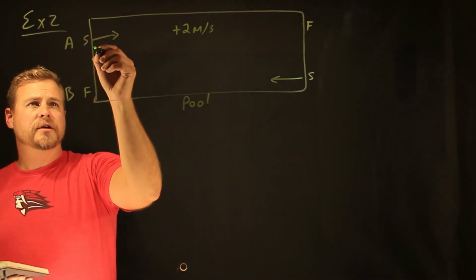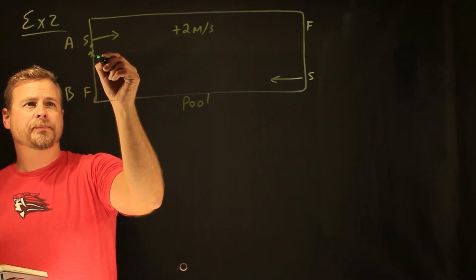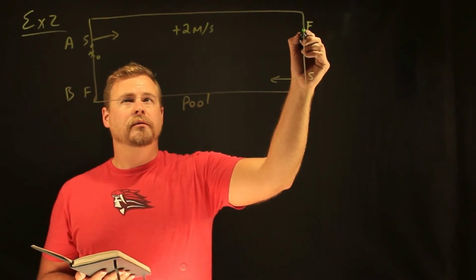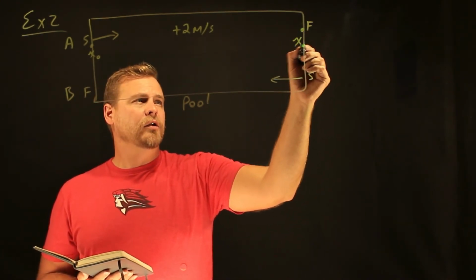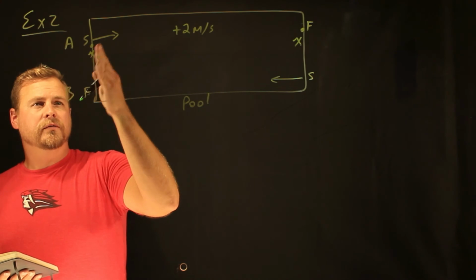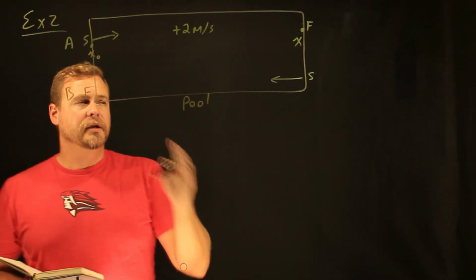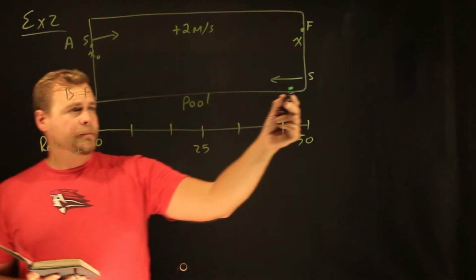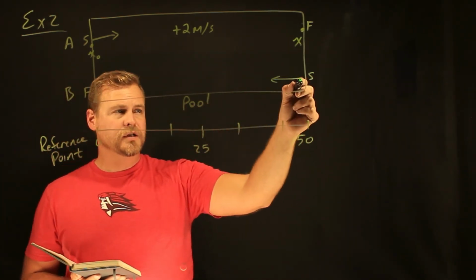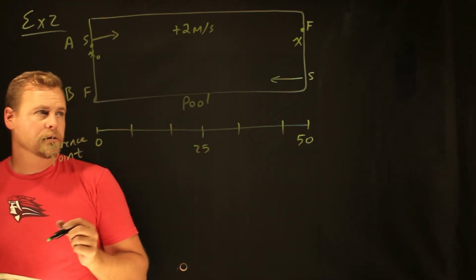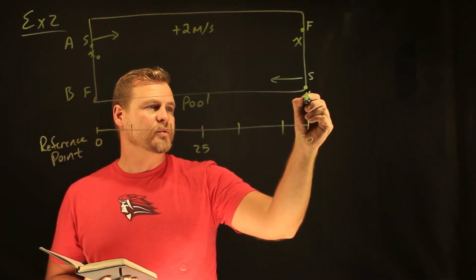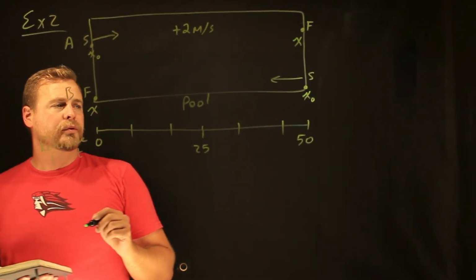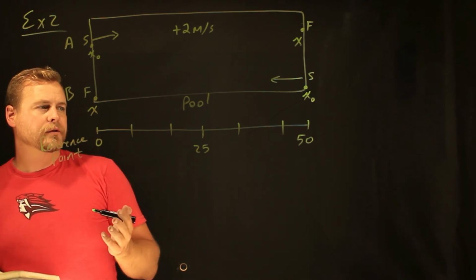So the displacement here, if you say position 0 or initial position, and then right here is her final position, she's going from the initial to the final in that direction. Swimmer B starts over here at the 50 and comes back to 0, and so this initial position and this final position produces a negative value.